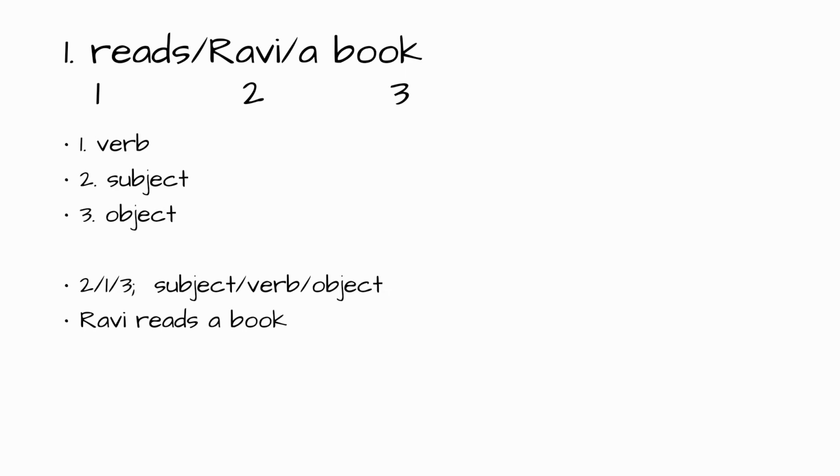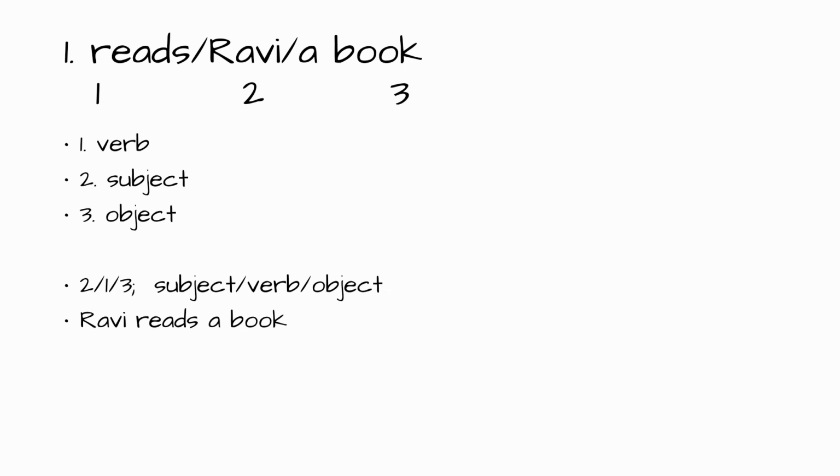What is the subject? Two is the subject. What is the verb? One is the verb. What is the object? Three is the object. So this 1 2 3 should be arranged as 2 1 3. If you arrange it like 2 1 3, what is 2? 2 is subject, 1 is verb, and 3 is object.